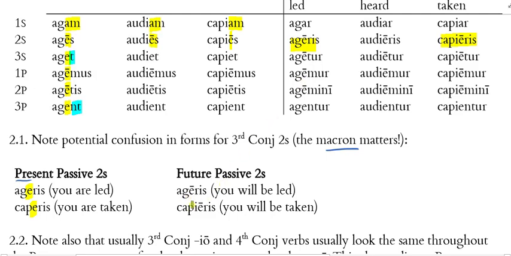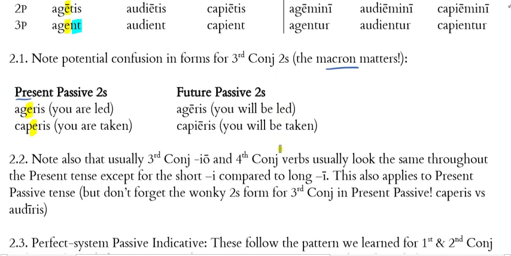So ageris and capieris. So this is future, not present. That long E really matters. And you'd also get the I here as well on the io forms, but just want to note that vowel E there. So you will be led. Ageris, you are led. Ageris, you will be led. Caperis, you are taken. Capieris, you will be taken. All right, so watch out for that.